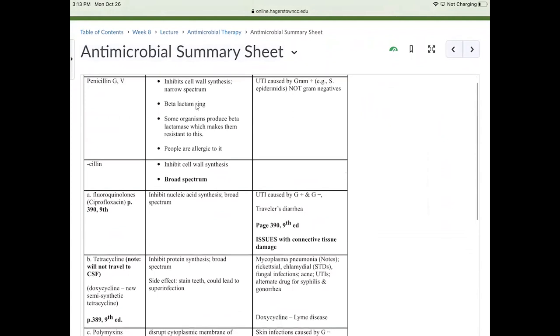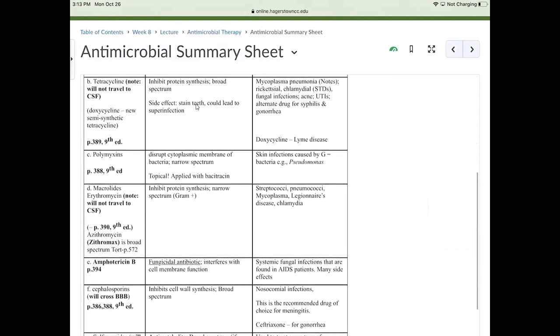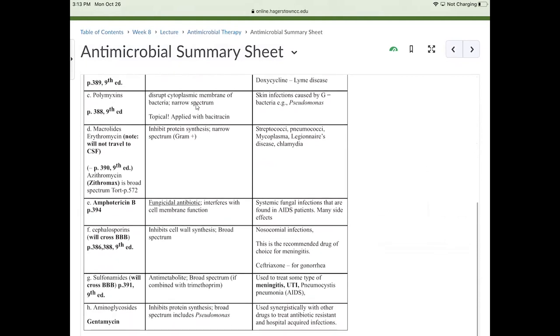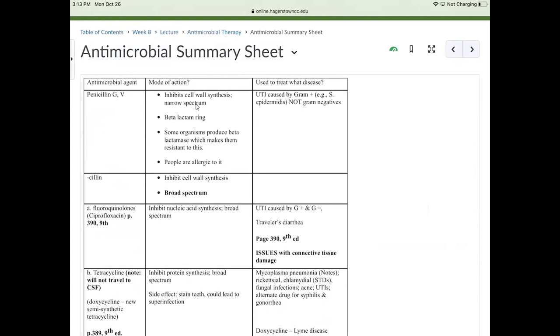These are the ones that I want you to understand how they work, and it's pretty much an example of each type. So you don't have to memorize the ones in the PowerPoint and all those details.